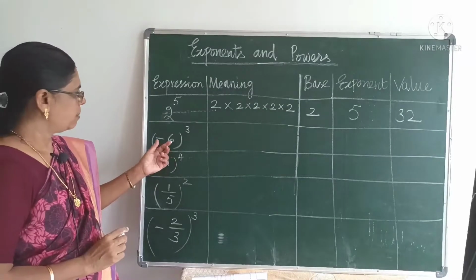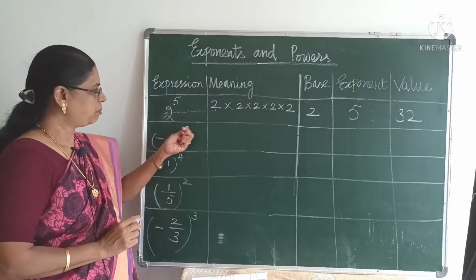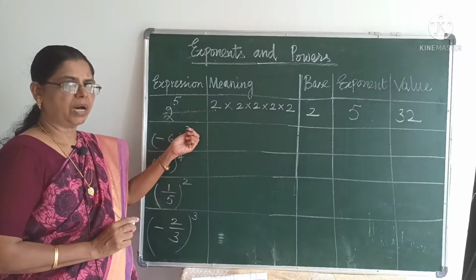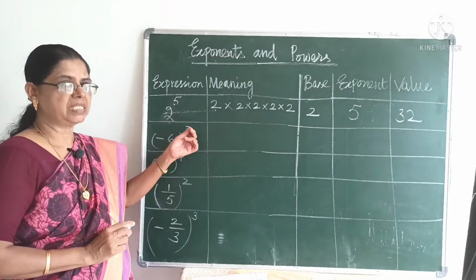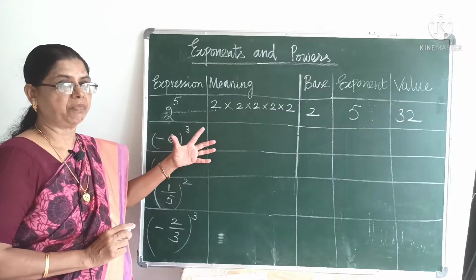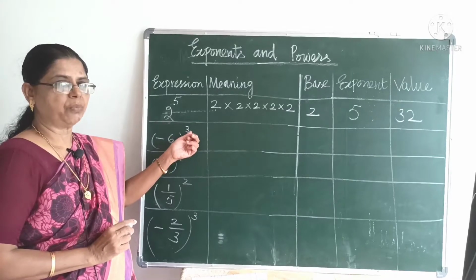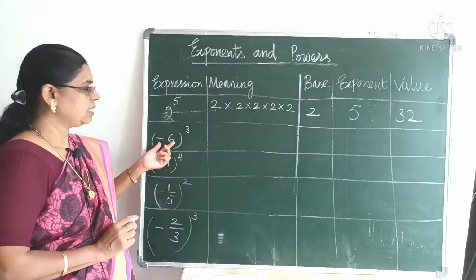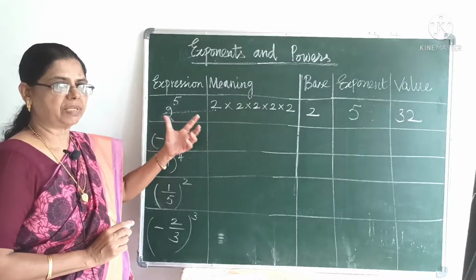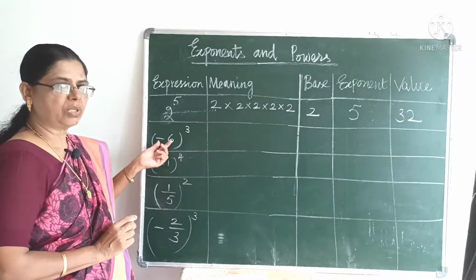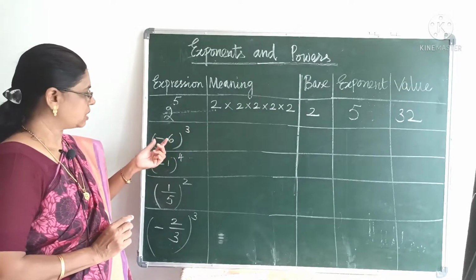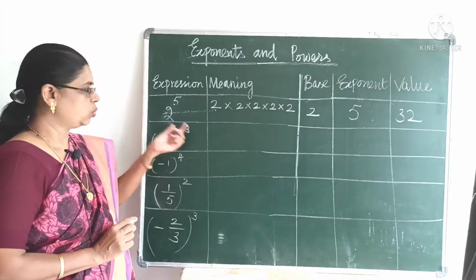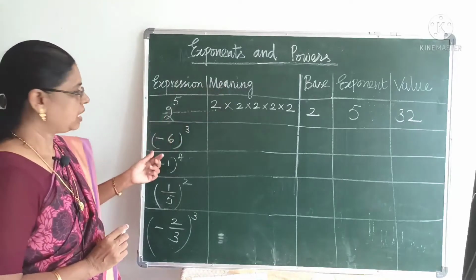Next one, minus 6 and the power is 3. So, I have already told you when the power is 3, there is a special name for power 3. How will you read this one? Minus 6 cube. Instead of telling minus 6 to the power 3, you should say minus 6 cube. And what is its meaning?